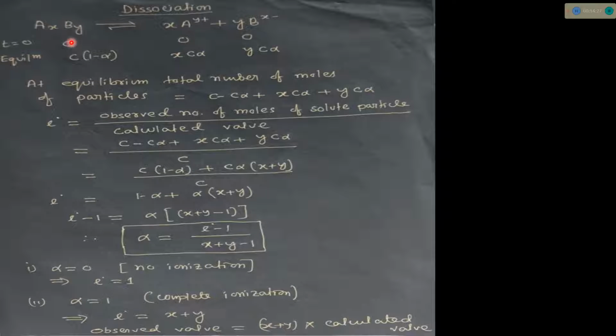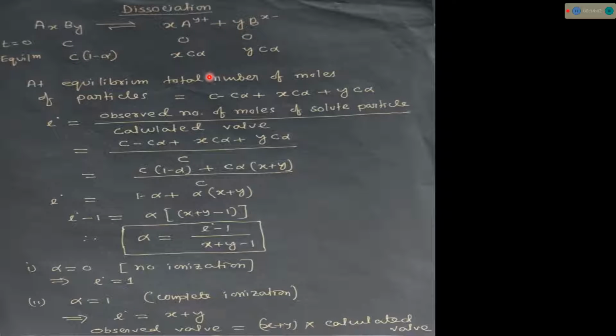So initially C moles of AxBy, the solute, is present, with no dissociation initially, when time is equal to 0. Now at equilibrium, for the dissociation case, x moles of A and y moles of B form.